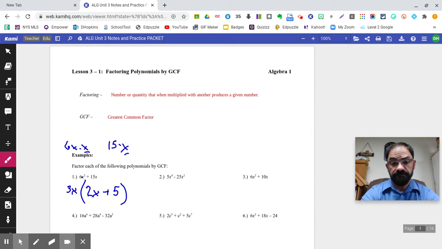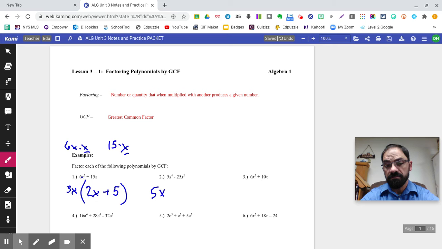Number 2. Between 5 and 25, what's the biggest number that goes into both? Yes, that is 5. And then between x to the 4th and x squared, the most they have in common is x squared. So if I divide 5 divided by 5, I have 1.